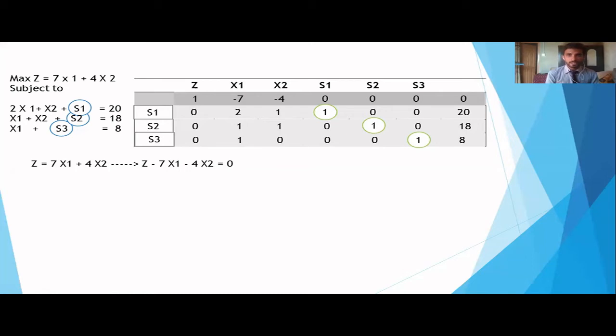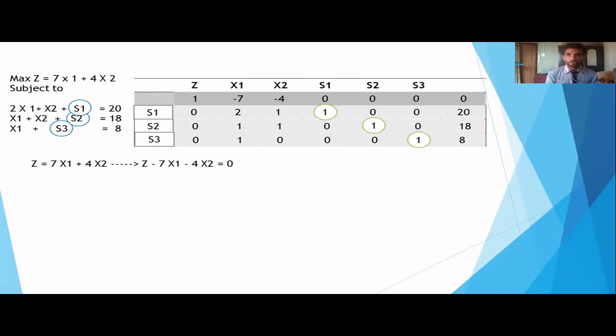So S1 is 20, S2 is 18 and S3 is 8. Then the value of the variables x1 and x2 is 0, and therefore the value of z is also 0. We will try to increase the value of z by making x1 or x2 greater than 0.